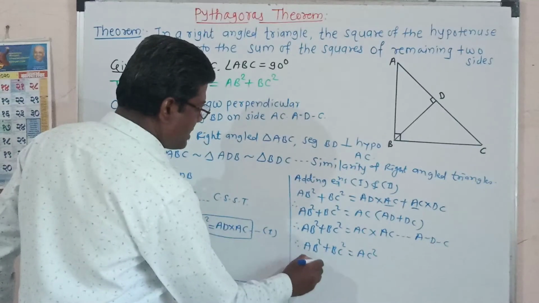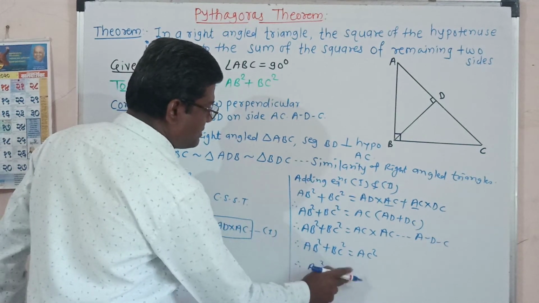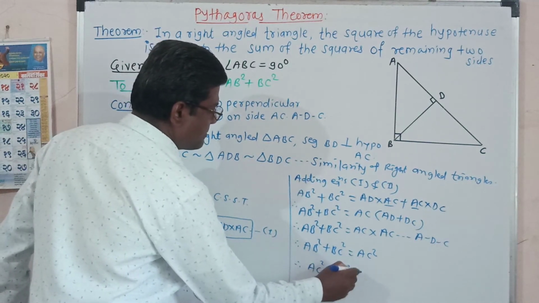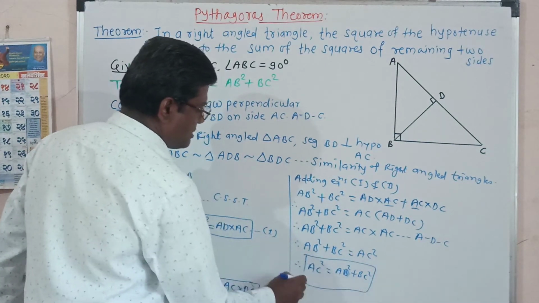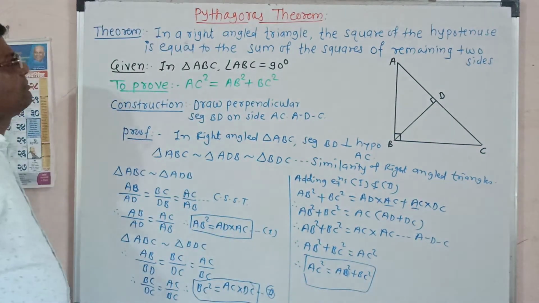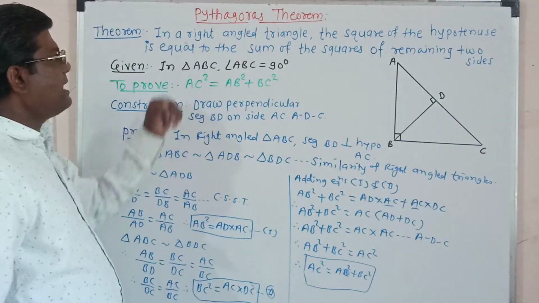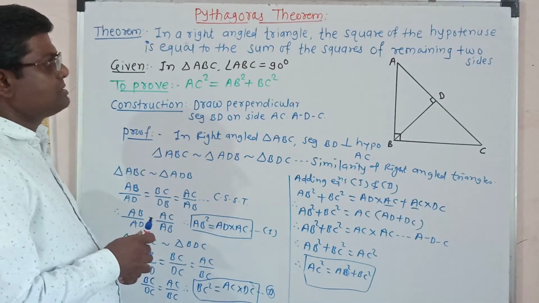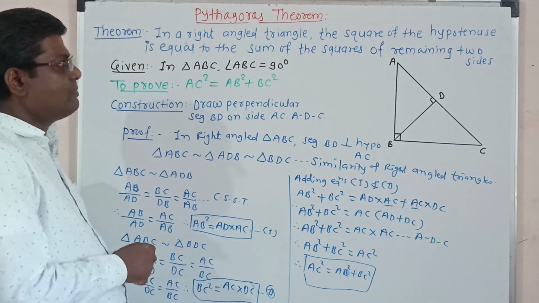Therefore, AC square is equal to AB square plus BC square. Thus, the theorem of Pythagoras is proved.